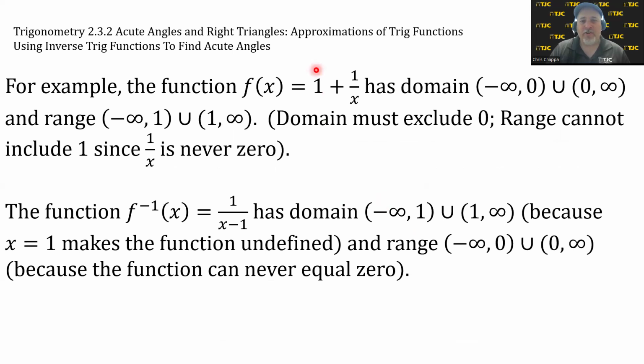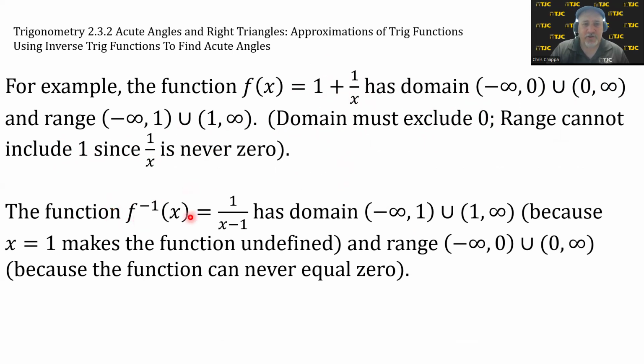For example, the function f of x equals 1 plus 1 over x has domain of all real numbers except 0 and range of all real numbers except 1. The domain must exclude 0 because of the denominator, and the range cannot include 1 because 1 over x is never 0.